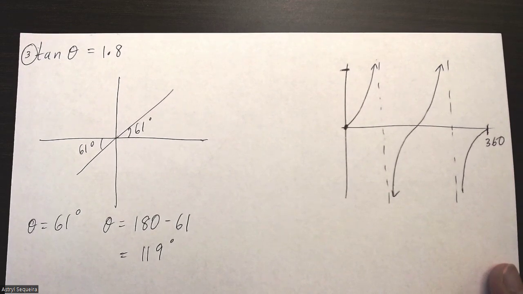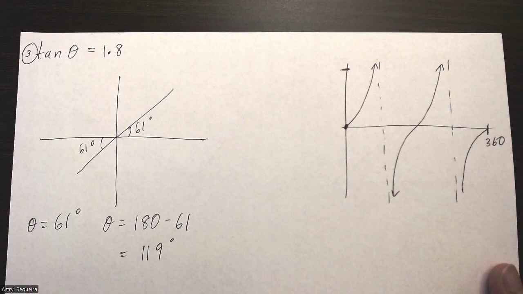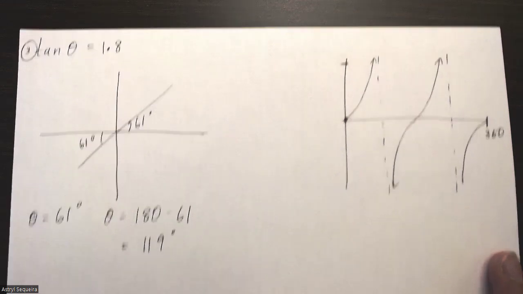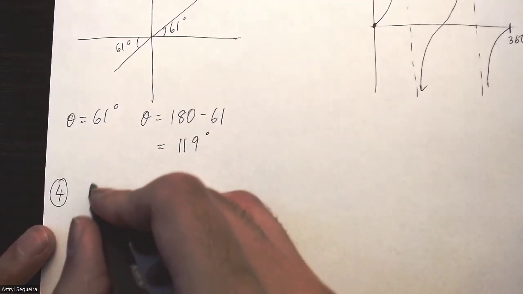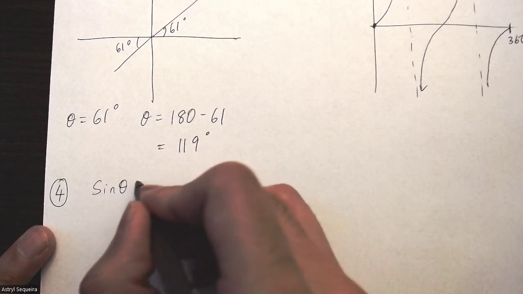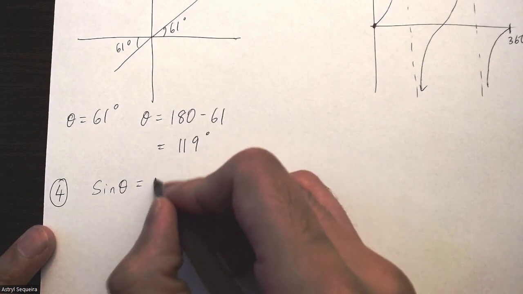The 7 examples in this question, 3 for sine, 3 for cos, and 1 for tan. So the fourth exception here is sine theta equals 1.